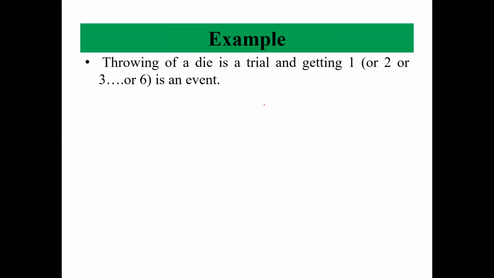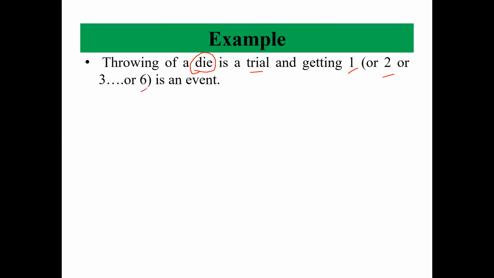For example, throwing a die. I hope you are all aware of the die. Throwing a die is a trial. Once we throw a die, that is the trial, and the outcome may be one, two, three, four, five, or six.